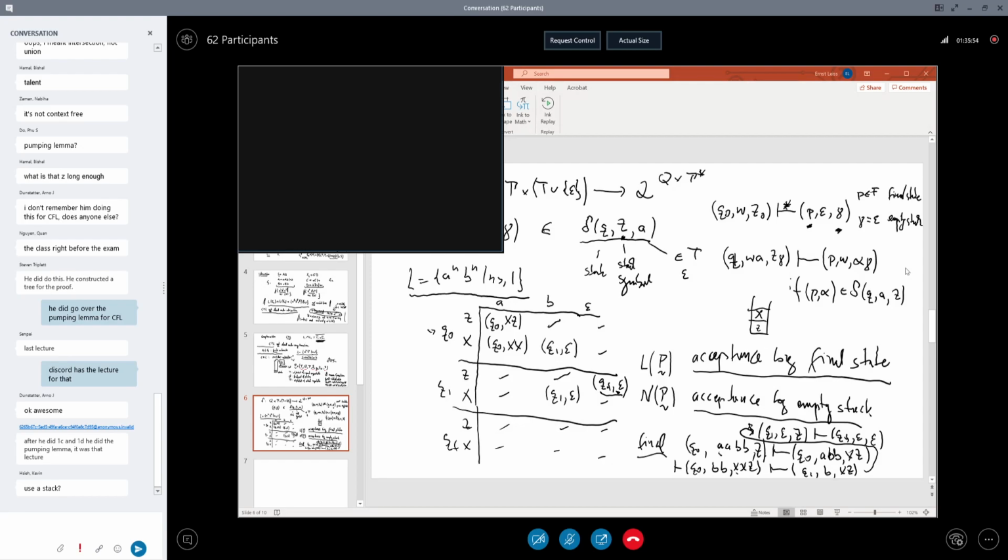And then conversely, to show the equivalence, we have to show that for any push-down automaton that accepts a particular language, we can generate a context-free grammar that generates the same language. So that then establishes that context-free grammars and push-down automata are equivalent.